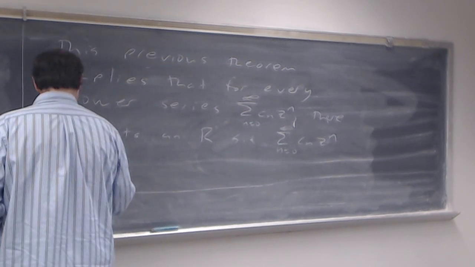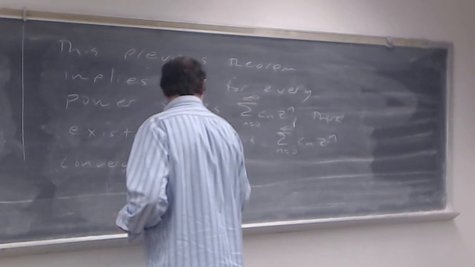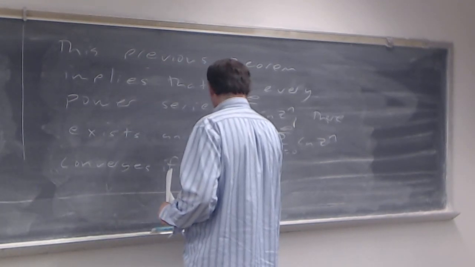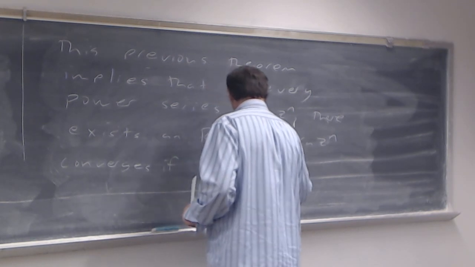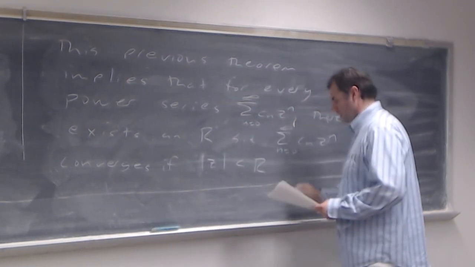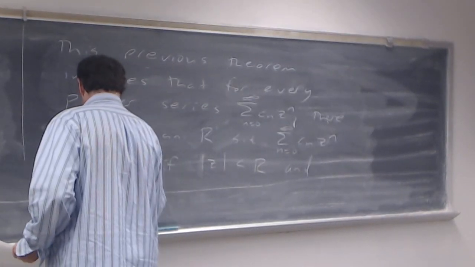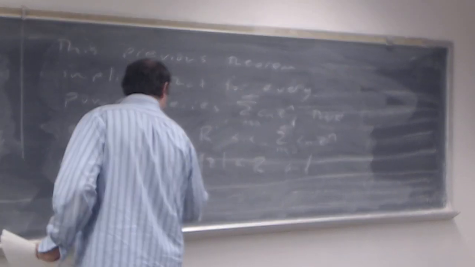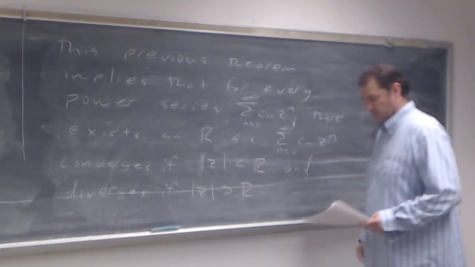converges if the norm of z is less than r, okay? And diverges if the norm of z is bigger than r, okay?